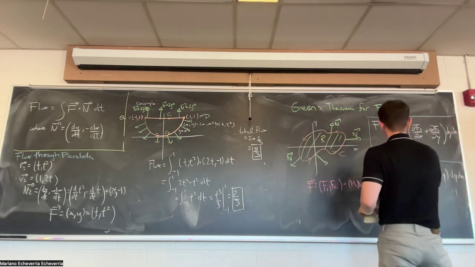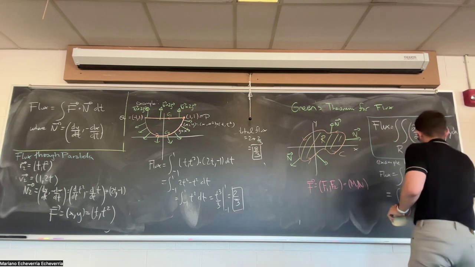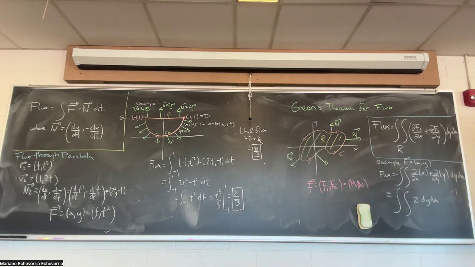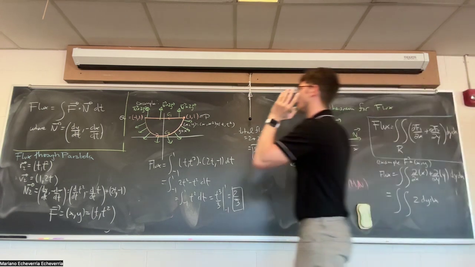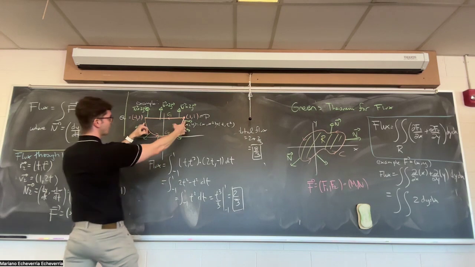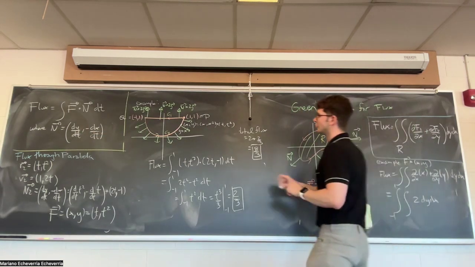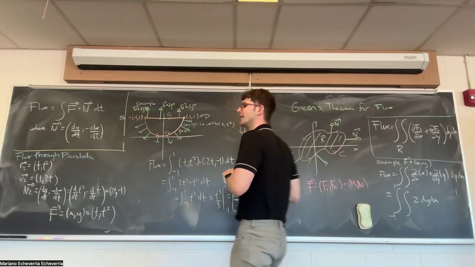So this is 1 plus 1, which is 2. Okay. And what are the bounds? This is a double integral, which hopefully you remember how to do. x goes from -1 to 1, and y goes from x squared to 1, right?